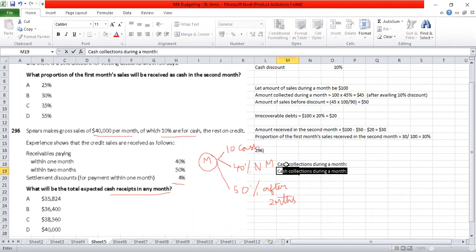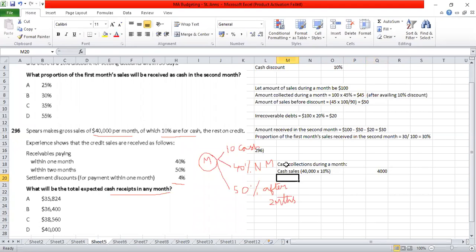So cash sales. Let's write cash sales. What are cash sales? Cash sales are 10% of the total amount, which is 40,000 into 10%, so is equal to 4,000.